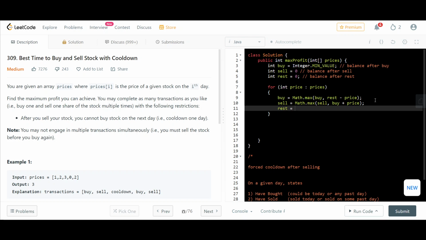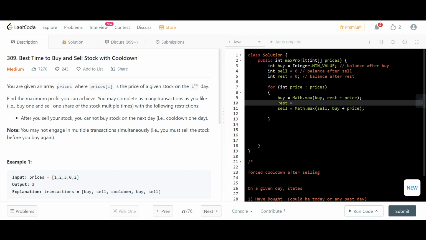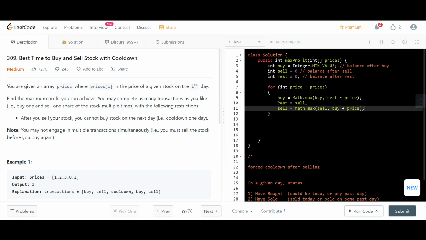Rest is essentially your balance from whenever you last sold, not this sold. So maybe you do the rest first: rest equals sell, and then sell equals this.